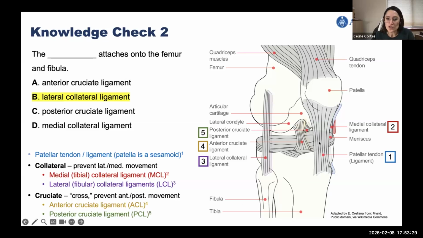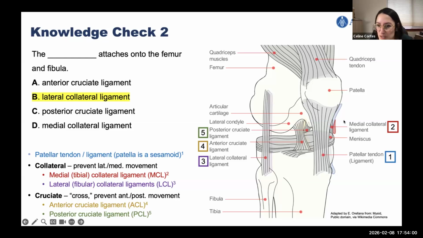The anterior cruciate, the ACL, is going to be this one right here, from an anterior or anterolateral view. The posterior cruciate, we can't see quite as well. But essentially, those are just making sure that our knee joint isn't shifting too far forward or too far backwards. And so those are just helping provide some stabilization.